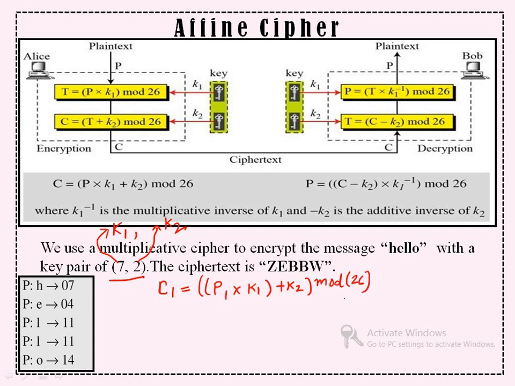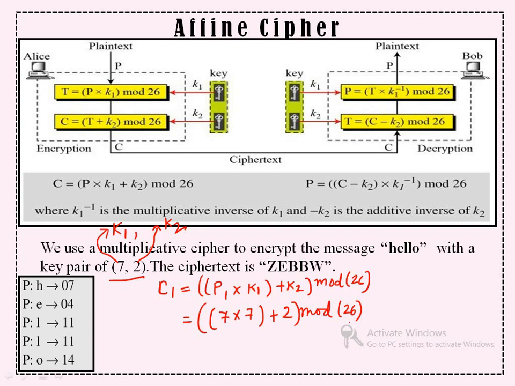Here C1 stands for the first letter, so that's H that you are replacing with. In that calculation you can do it: 7 multiplied by 7 plus K2, which is 2, mod 26. So it's 49 plus 2, 51 mod 26.